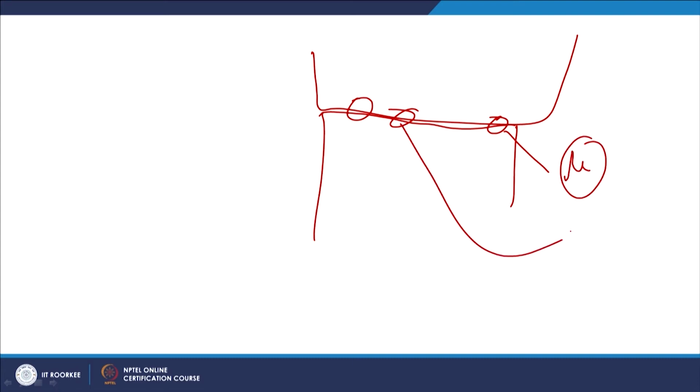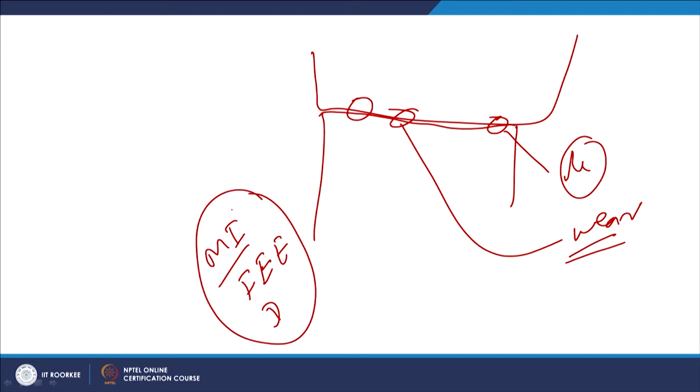At the same time, it will also increase the wear volume. So, all those factors which discourage the mechanical interlocking, free electron exchange and the diffusion will help to reduce the friction coefficient as well as the wear loss from the functional surfaces.